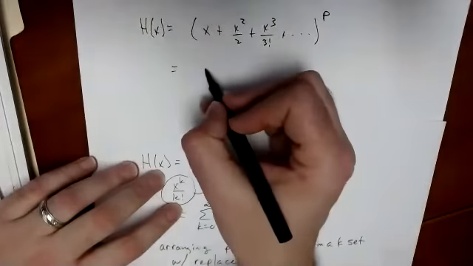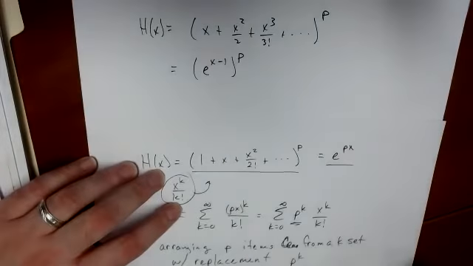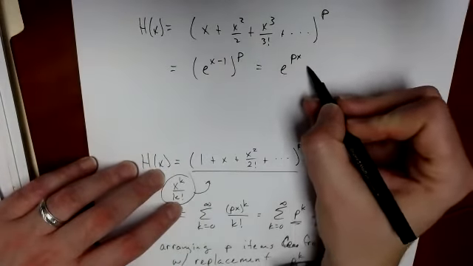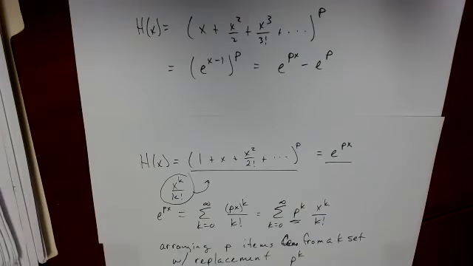Well, this is equal to (e to the x minus 1) to the p, which is e to the px minus... not minus.